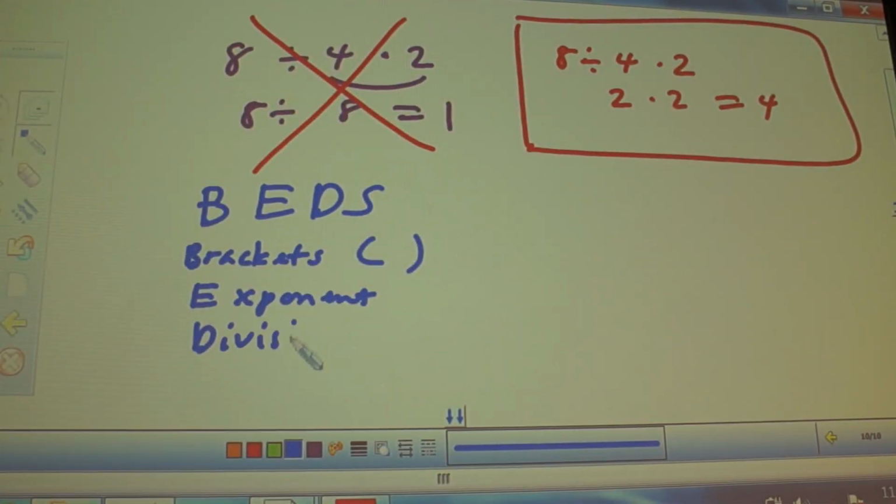And then division, but you know division has to go with, it's not by itself, so it's division and multiplication. And then subtraction, which goes with addition.